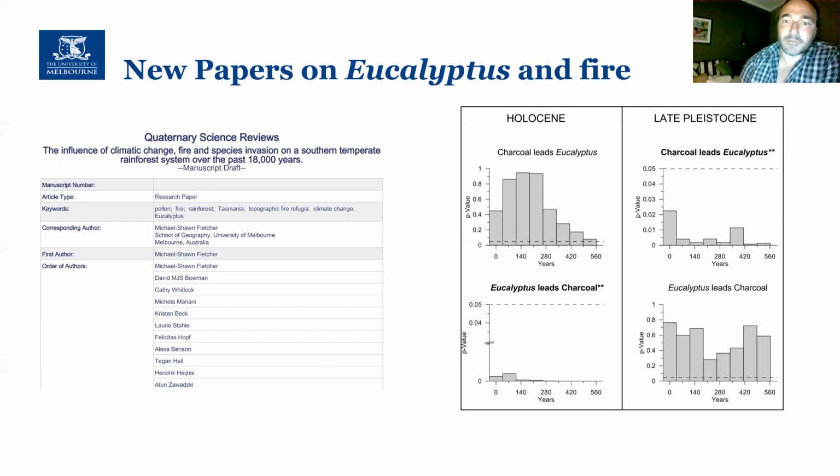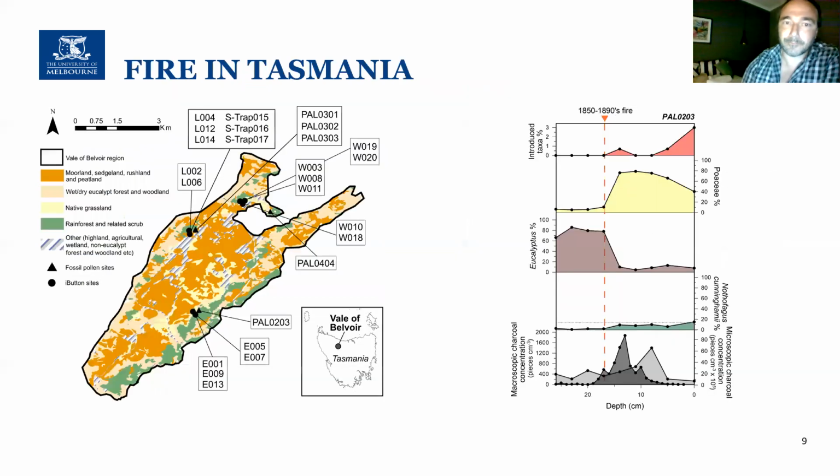Whereas in the Holocene, and particularly in the late Holocene, it seems as though eucalypts lead charcoal. So that hypothesis is confirmed. It's showing that the arrival of eucalypts is actually changing the fire regime. So we're starting to pin down the really pivotal role of eucalypts in ecosystem dynamics in Australia from these long-term records. It's pretty exciting.